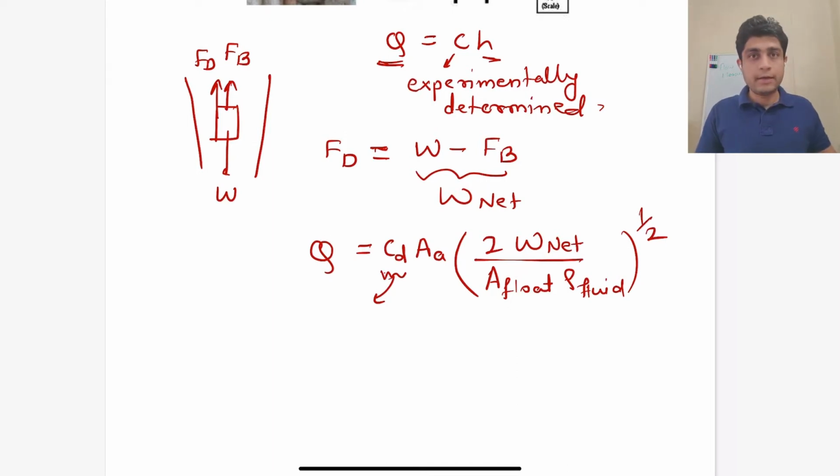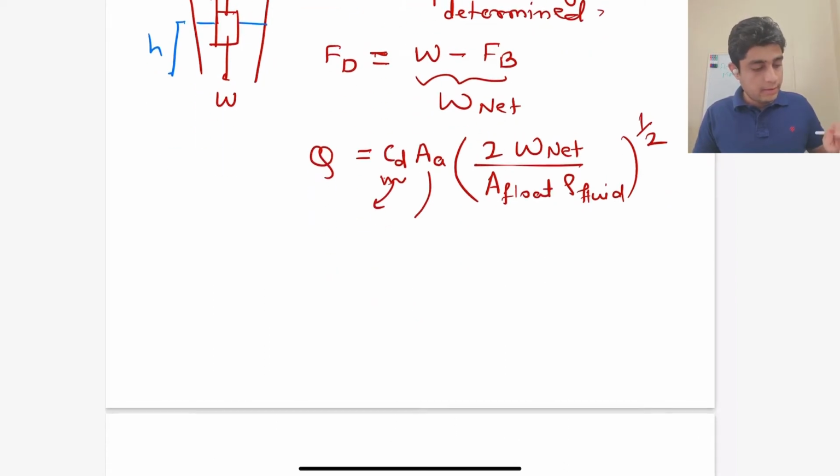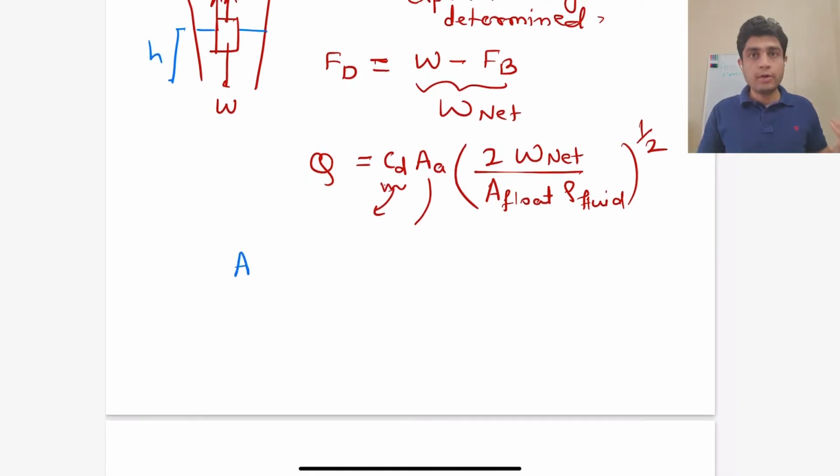So the coefficient of drag is again determined experimentally, and this wetted area changes with the height. The tube is designed in such a way that this wetted area, A subscript a, is a linear function of the height h.